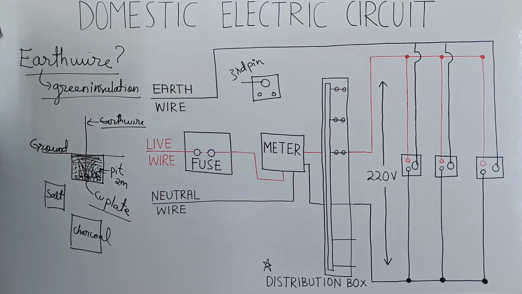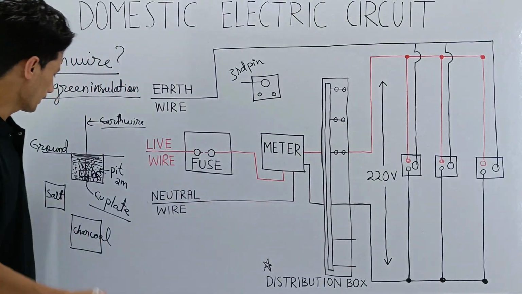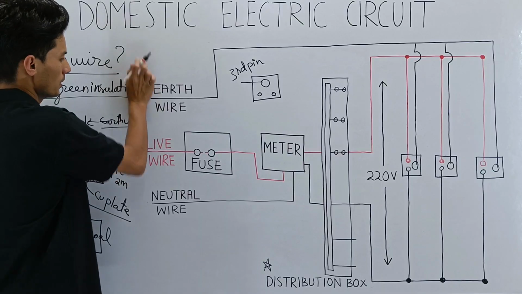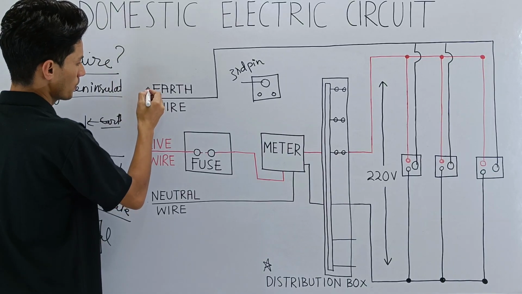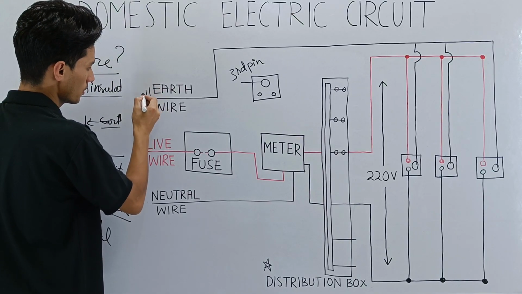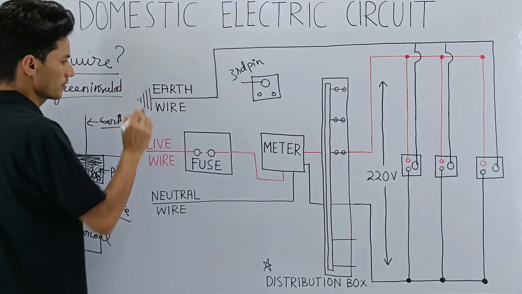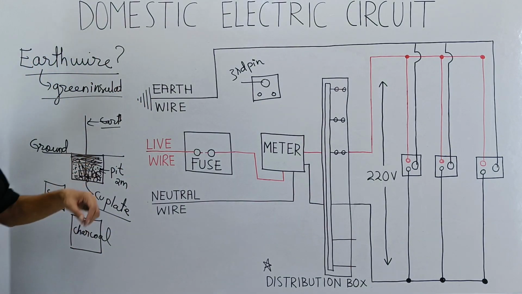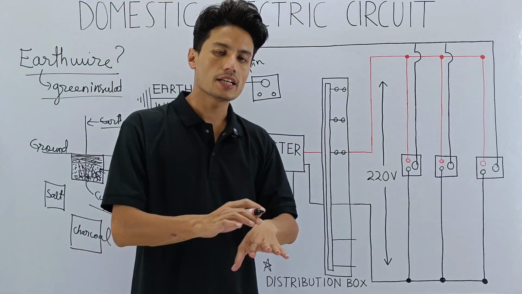It will be covered by mud, soil, and that's how earthing is done. This part you can also draw like this. This is the symbol for earthing, and this is how we do earthing on the ground.